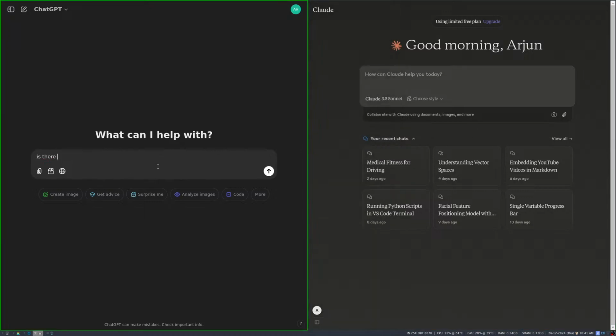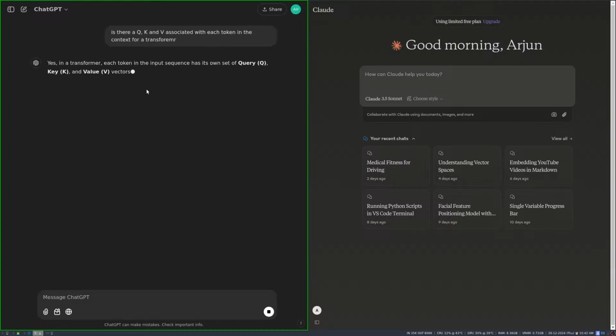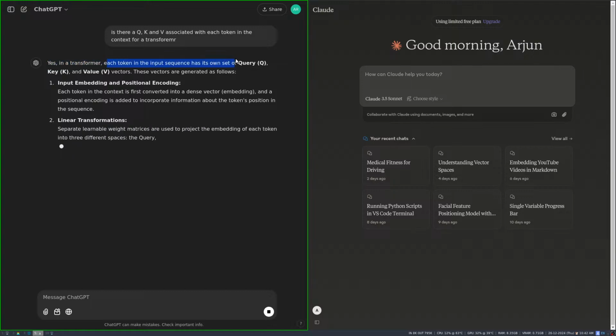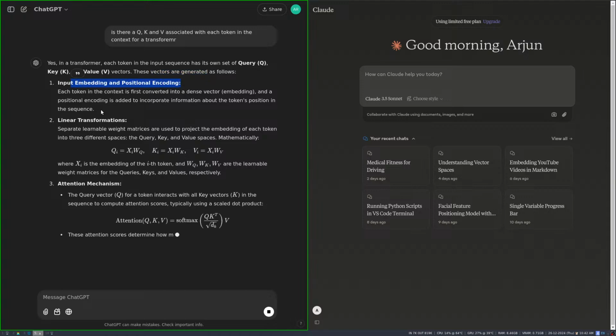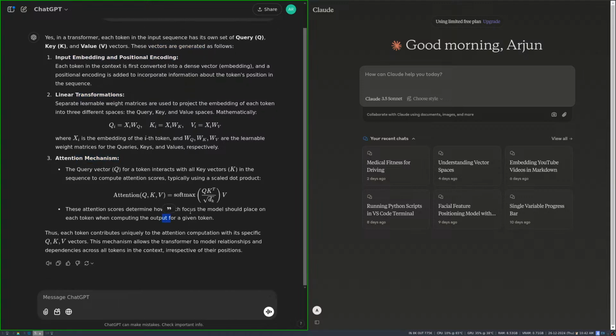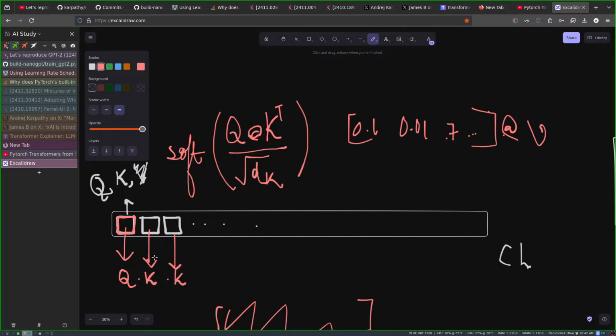Is there a query, key and a value associated with each token in the context? Yes. Each token in the input sequence has its own query, key, and value. These are generated as follows: input embedding, linear transformation, attention mechanism. So each of them has a value also. We multiply that with the value, and we will have the attention scores.